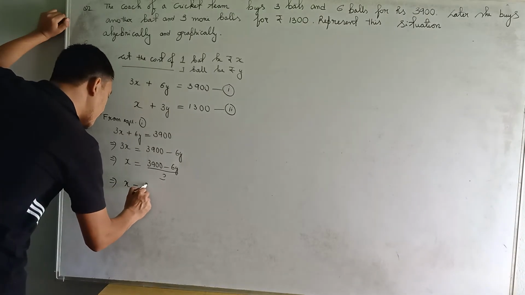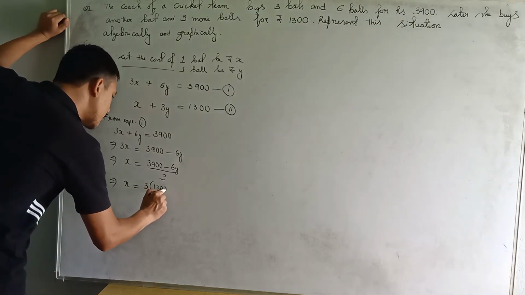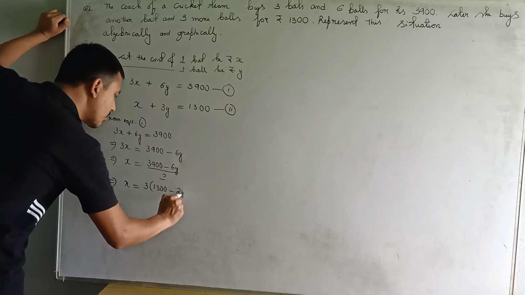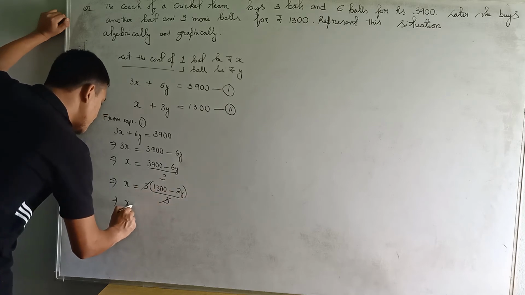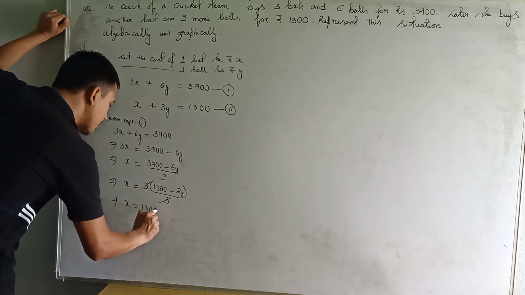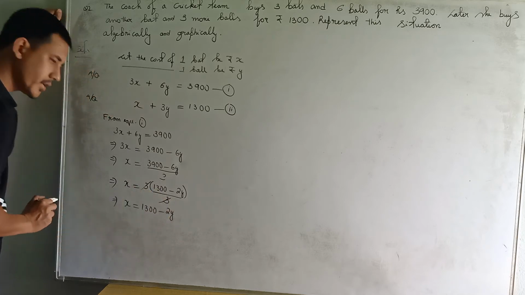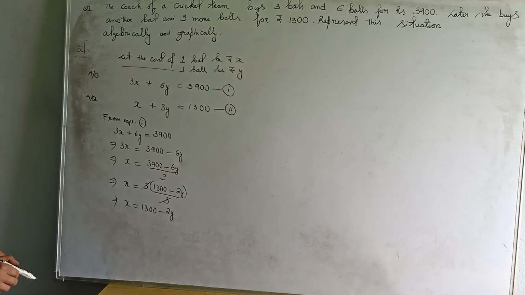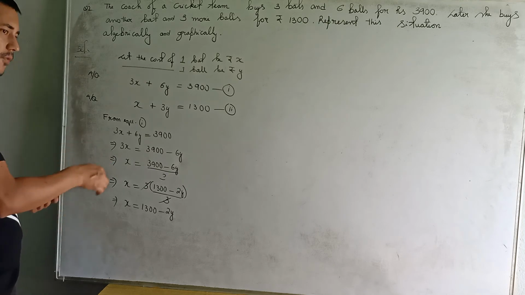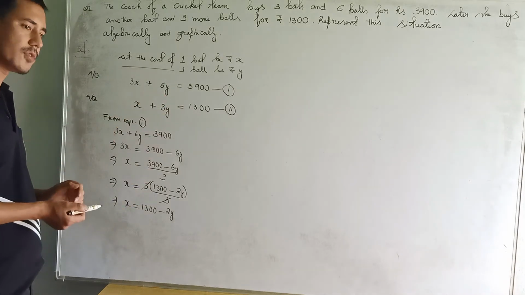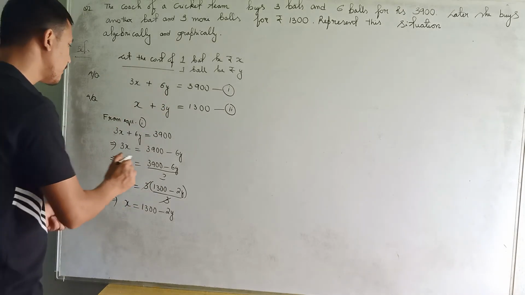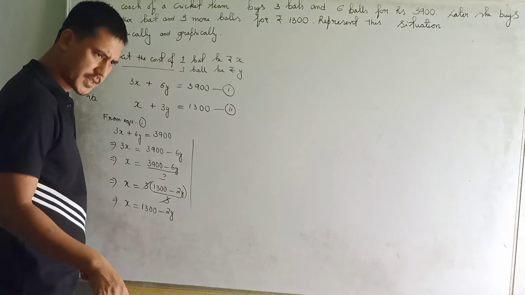So x equals 1,300 minus 2y. You have to be careful with the values, because the same range you have to choose for the second equation also. But you can always start with 0.